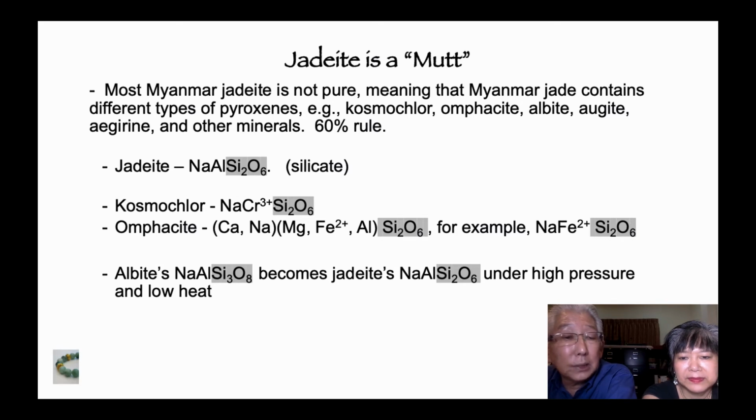So you'll see sodium aluminate Si3O8, and under tremendous pressure and low heat, meaning not thousands of degrees, and many, many years, I don't know if it's 100,000 years or 1,000,000 years, albite becomes jadeite. Through the pressure and low heat, some of that silicate and oxygen disappear.